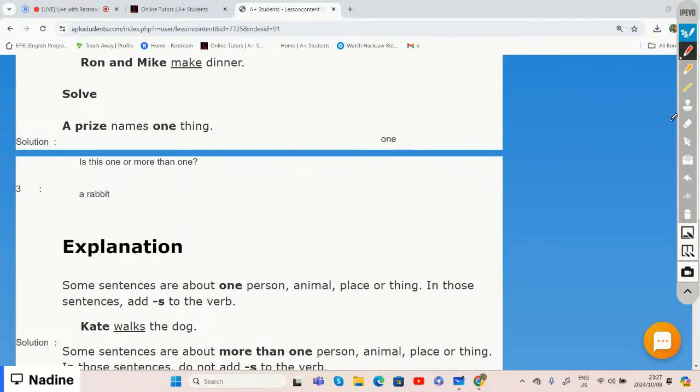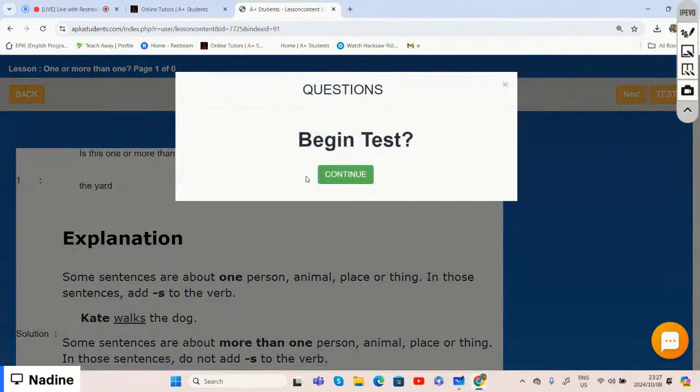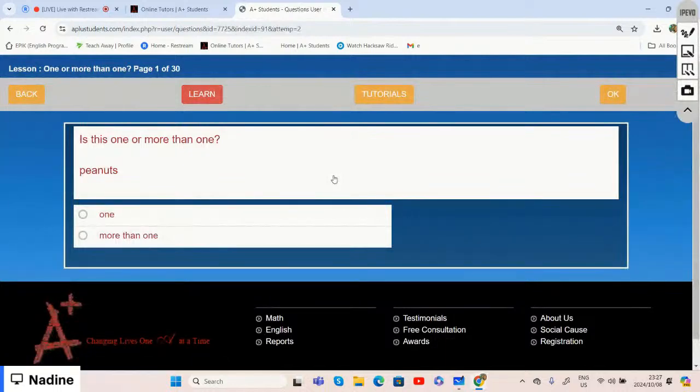Now let's go to our test. We are going to say if the subject is one or if it is more than one. It says, is this one or more than one? Peanuts.